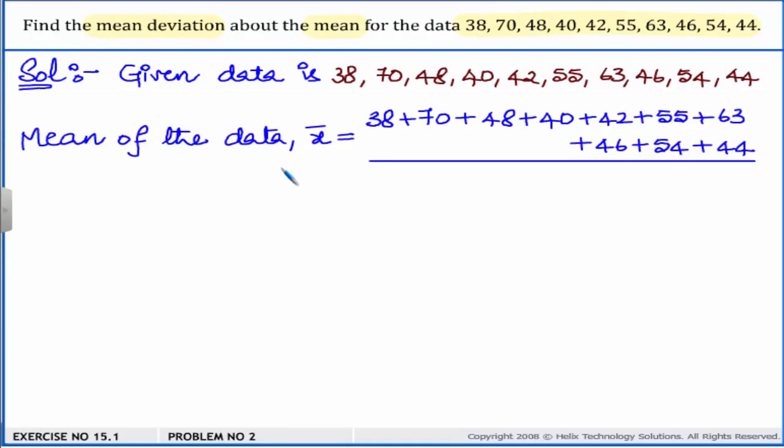The mean of the data, x bar, is equal to sum of the observations by total number of observations, that is 10. On adding this, you will be getting 500 upon 10 is equal to 50. Therefore we have mean x bar is equal to 50.